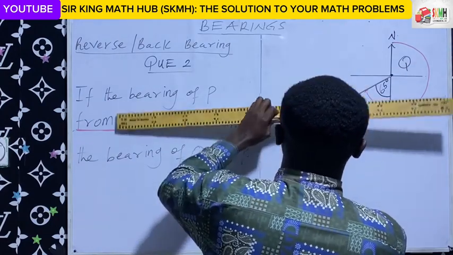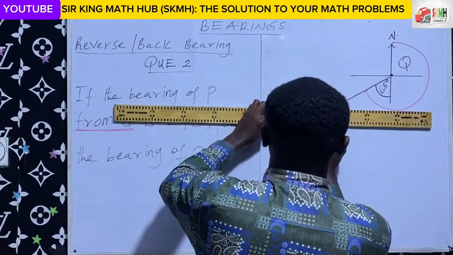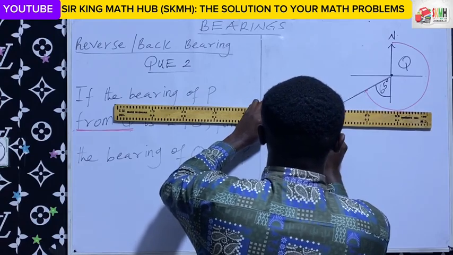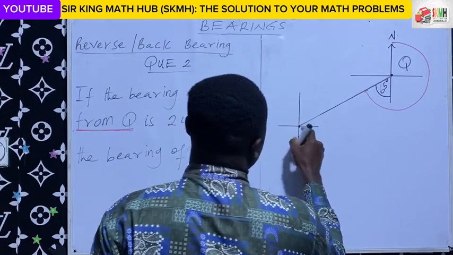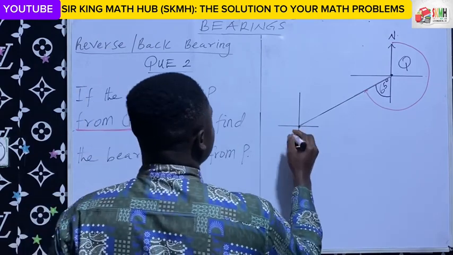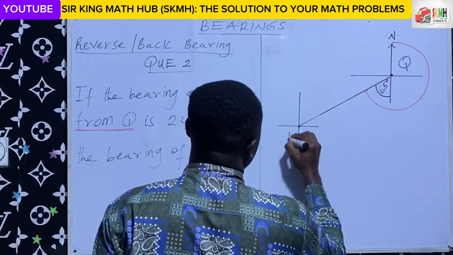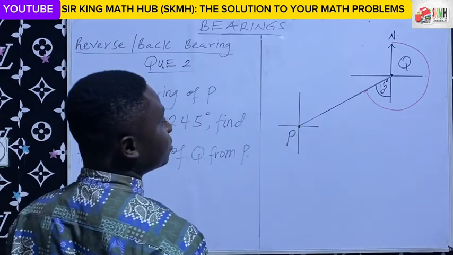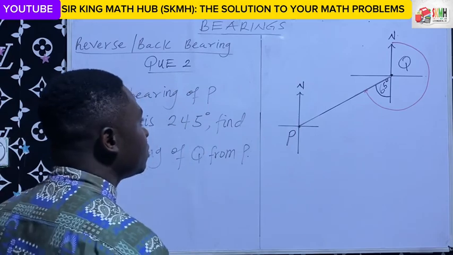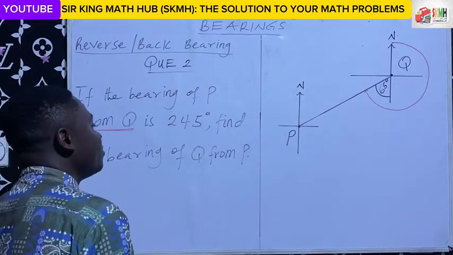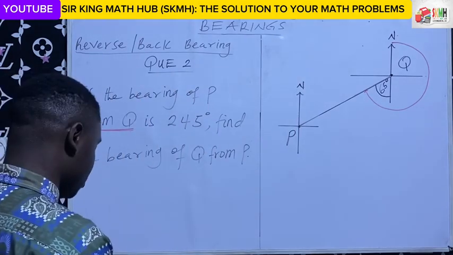And to measure the bearing from point P, we will also need our cardinal point. So what point is here? Here is P. So this will be our geographical north. How do we measure the bearing of Q from P?